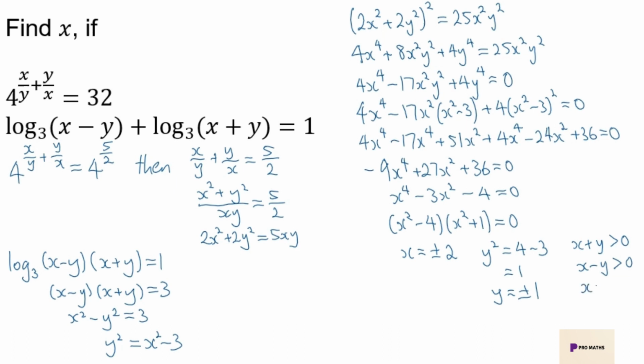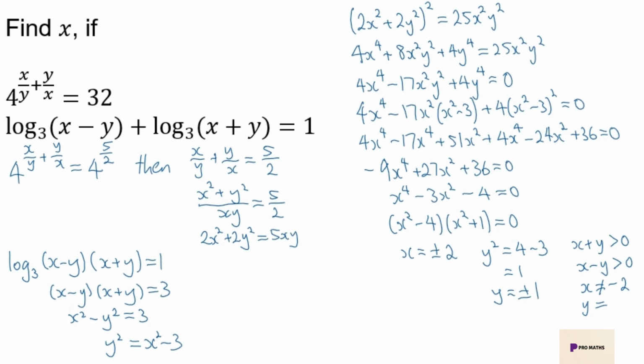So if we look at our second equation, we can see that we have a log. So x plus y and x minus y must be greater than 0, otherwise it's undefined, because we're dealing with real numbers here. And that means x can't equal negative 2, because if y equals plus or minus 1, we'd be logging a negative number.